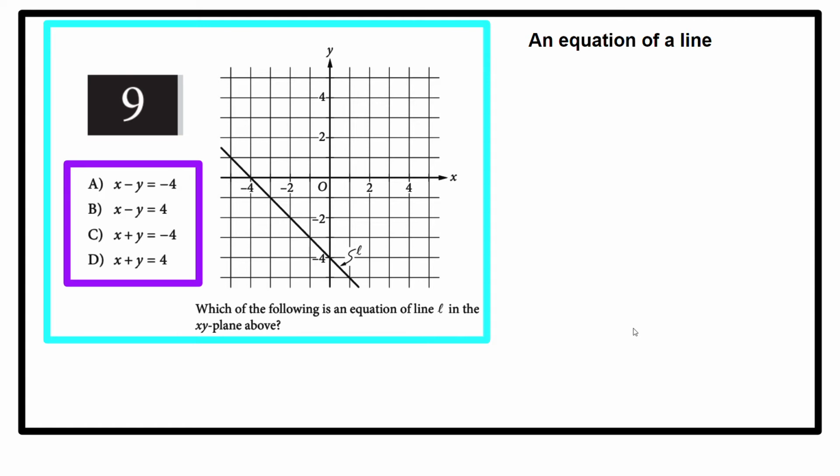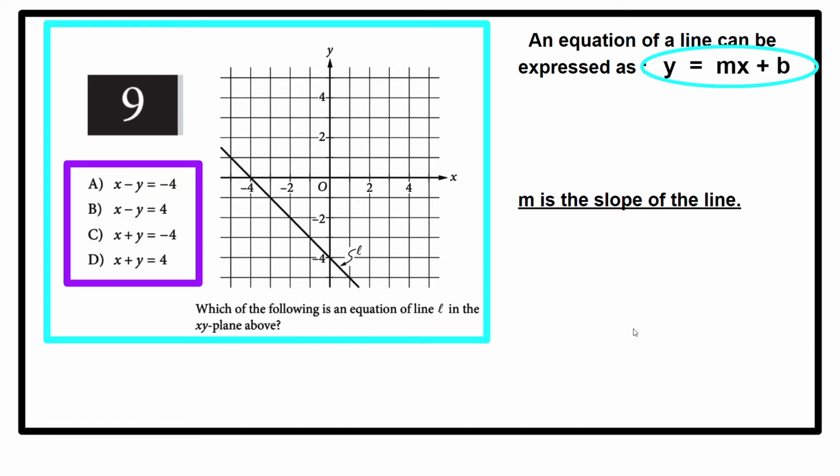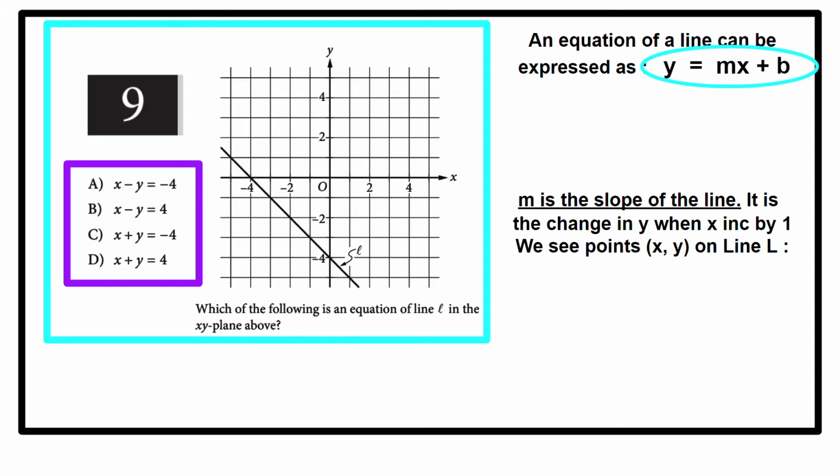Okay, an equation of a line can be expressed as y equals mx plus b, where m is the slope of the line. It is the change in y when x increases by 1. So we see points on the provided line in the form xy on line L. We can denote some of them going from left to right.